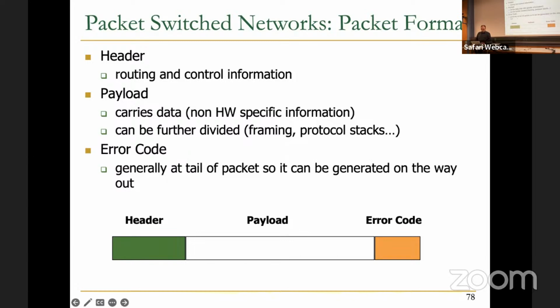This error code is usually added to the tail of the packet. So this is the packet format. People usually say header, and the payload is also considered the body. They say header, some bodies, and then tail, and that tail can be also tail and body. So there are many different ways to implement it.